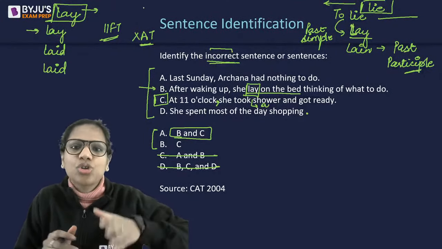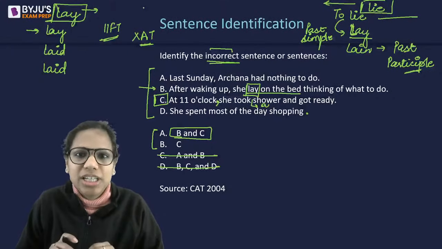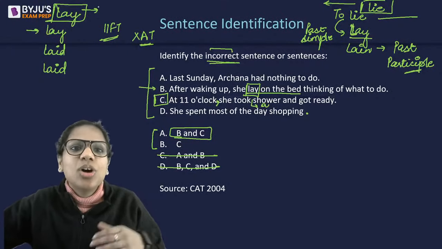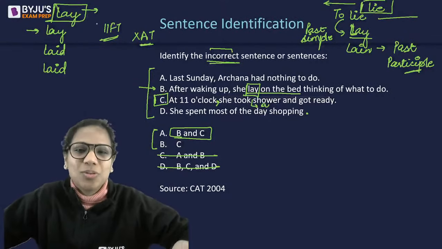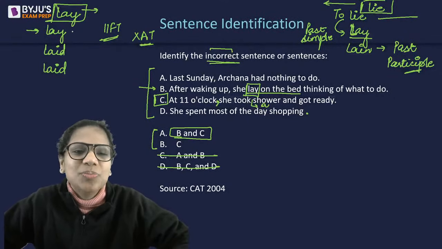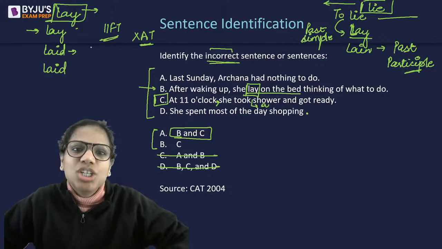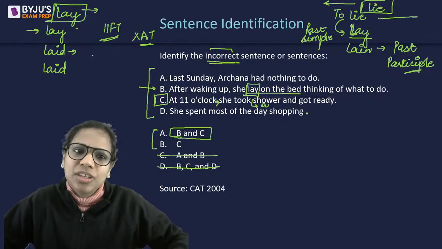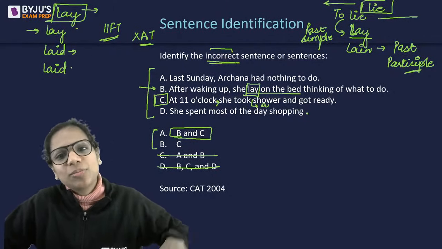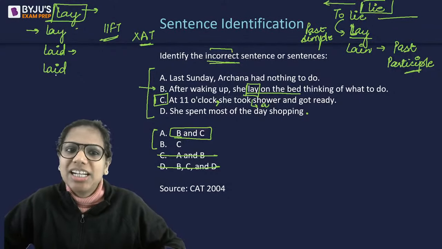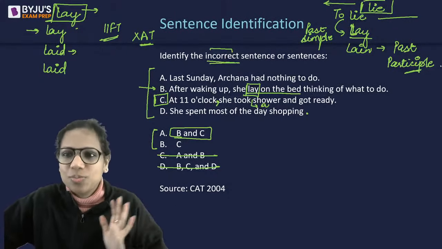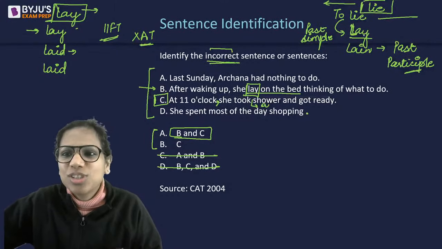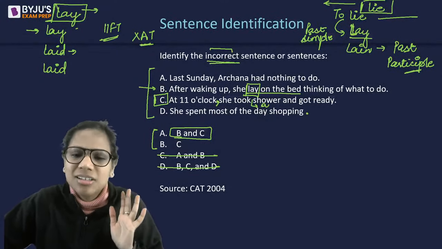She lays these documents, these files on my table every day. That's why a hen also lays eggs. She's also placing them somewhere in a way. So lays is the present tense. She laid the files on my table. She had laid the files on my table by the time I arrived. So lay, laid, laid, different verb, different meaning, therefore different forms. The confusion arises because of this lay and this lay, but you have to understand the difference.